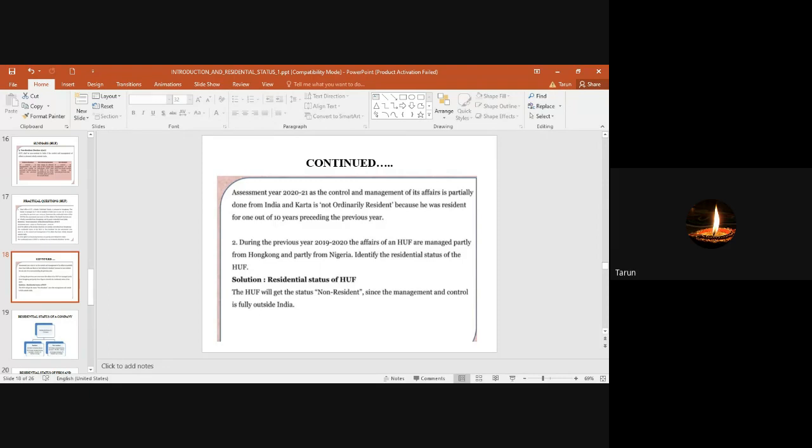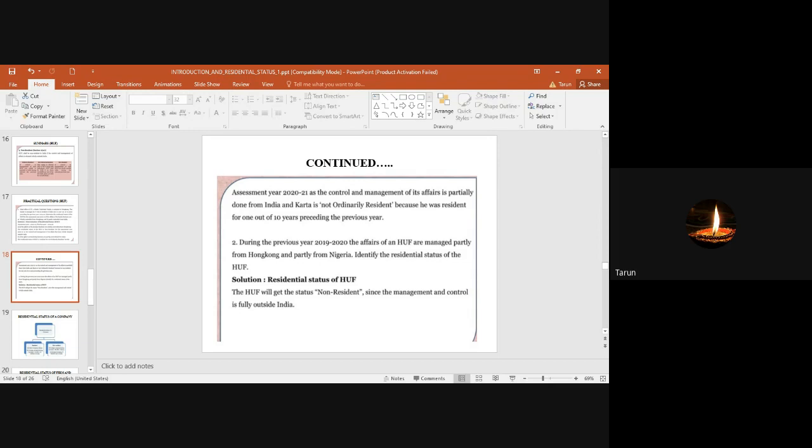Let's talk about the second question. During the previous year 2019-20, the affairs of a Hindu undivided family are managed partly from Hong Kong and partly from Nigeria. So do you think that in this question, the word India has been mentioned anywhere?